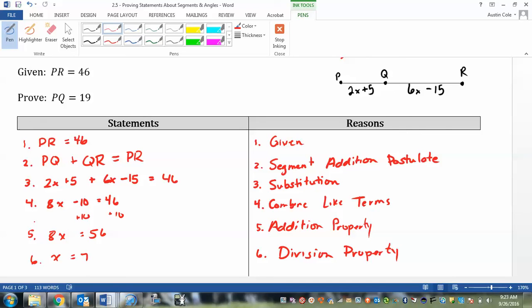Serena, what's my mistake? I didn't prove what I was trying to prove, did I? My last statement said x equals 7, but I'm trying to prove that PQ equals 19.